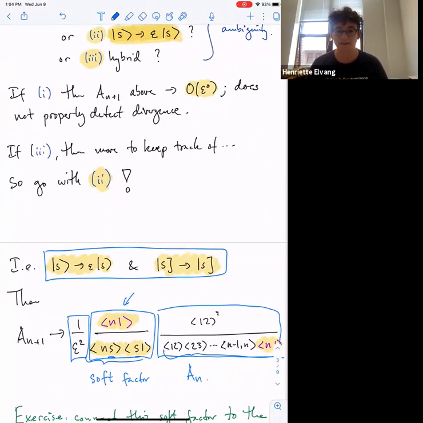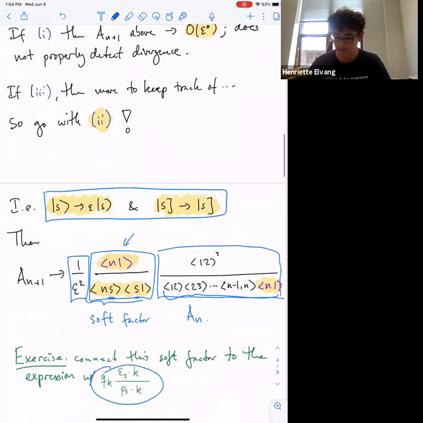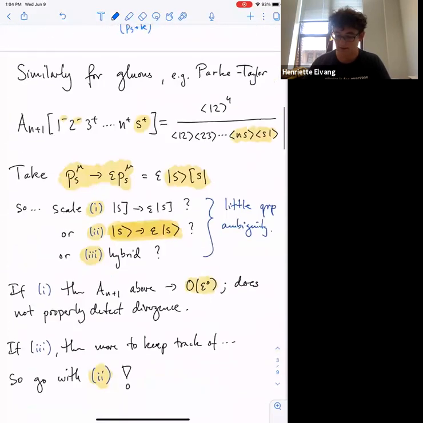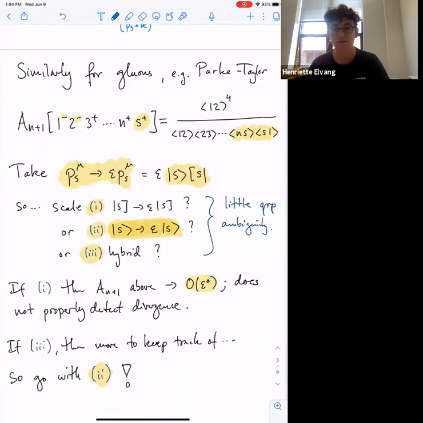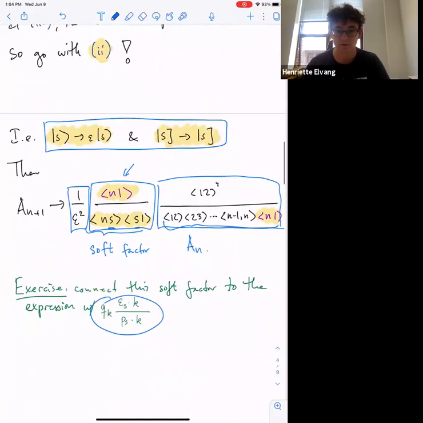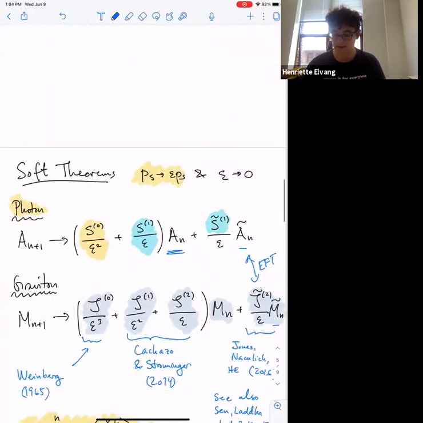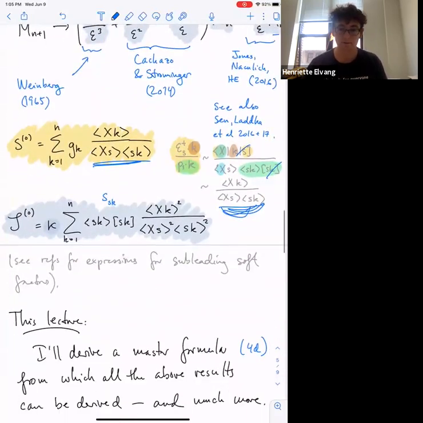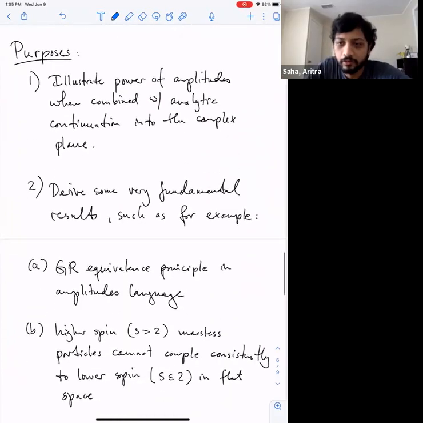If I were to take a negative helicity particle, and I'm only doing one soft limit at a time, everything I say today will be the same, except you interchange angles and squares. In particular, there I would take the square brackets soft instead of the angles. But yes, amplitudes with gravitons and amplitudes that are not in the MHV sector will depend on both angles and squares in general. But I still only take the angle soft when I have a positive helicity photon or graviton.